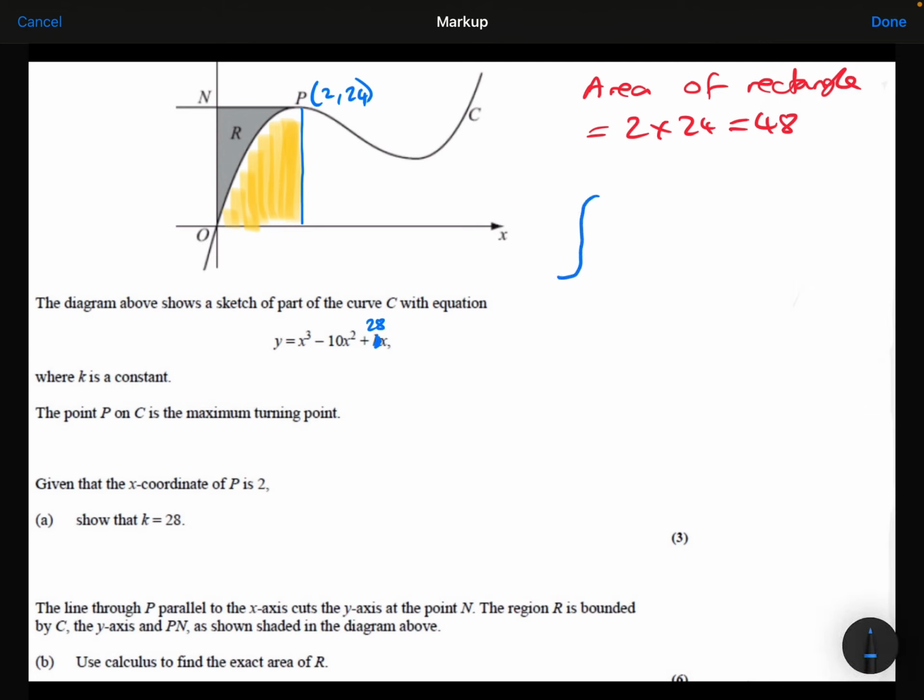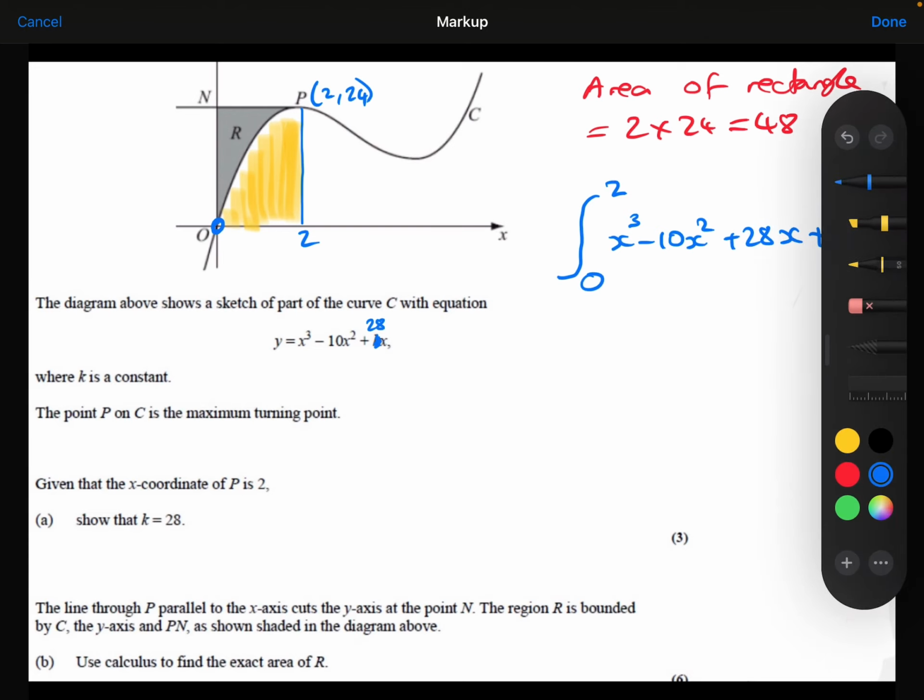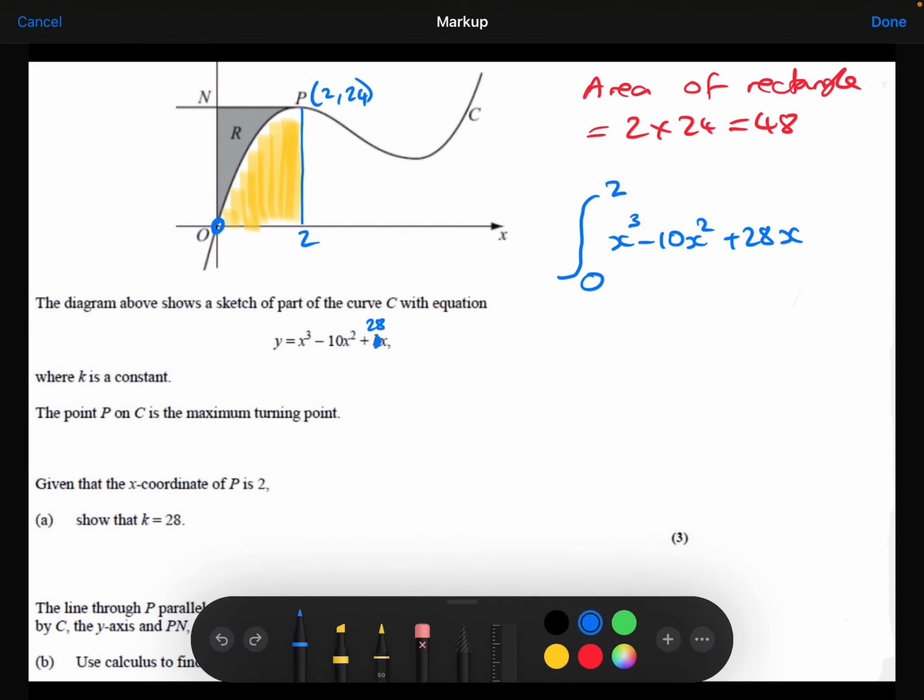So if I integrate between 0 and 2 my x cubed minus 10x squared plus 28x, that's going to tell me that yellow area underneath the curve.